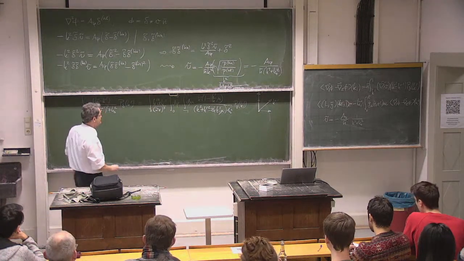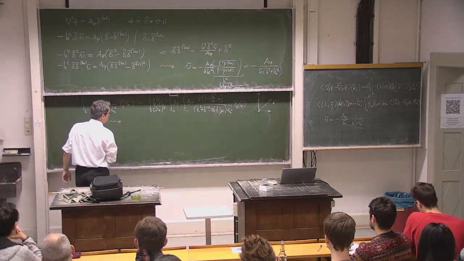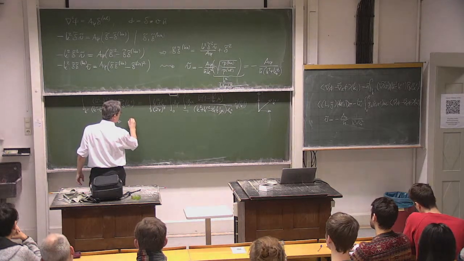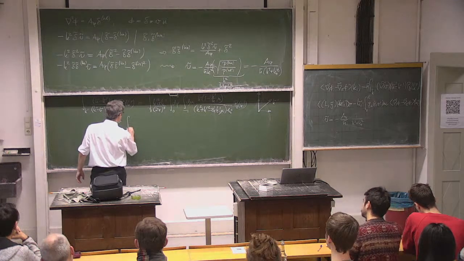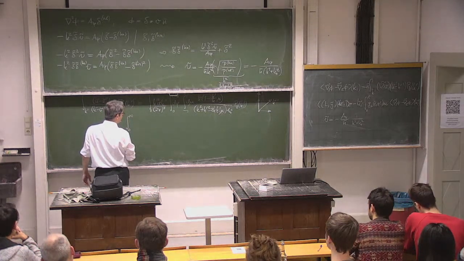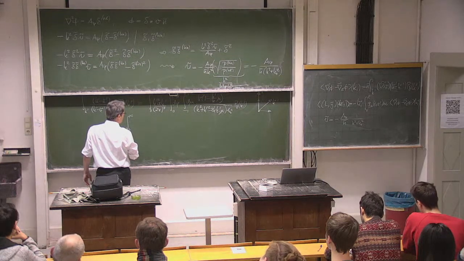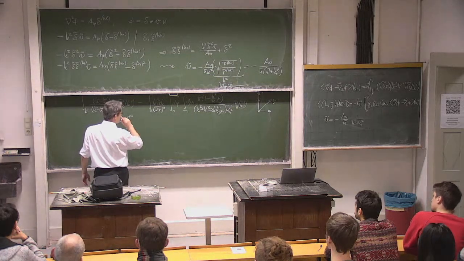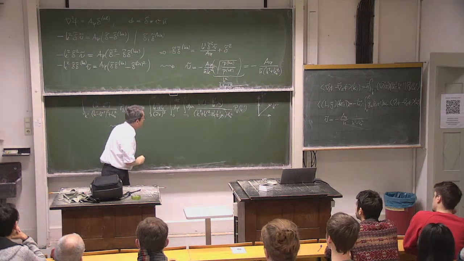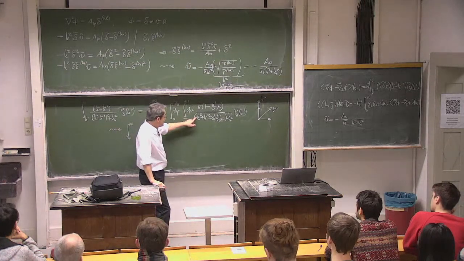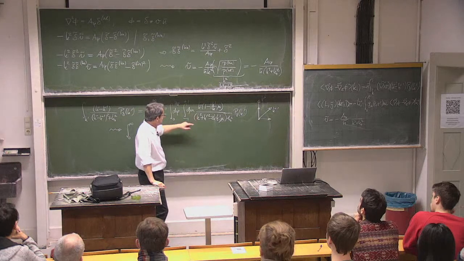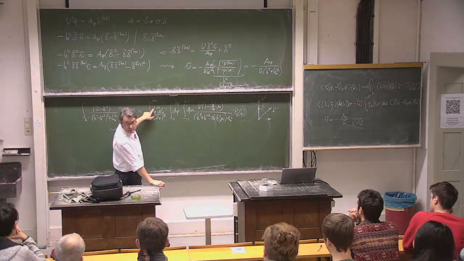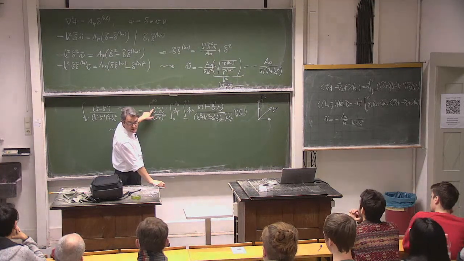Now, without doing that, this gives me an integral from 0 to infinity. I pull k squared out, I'm going to replace k prime by kappa times k.